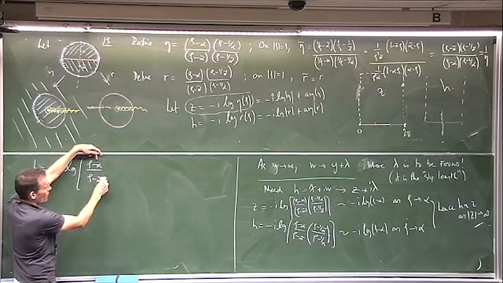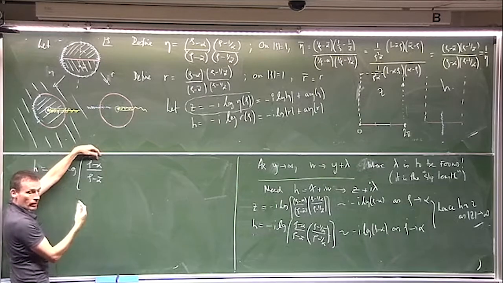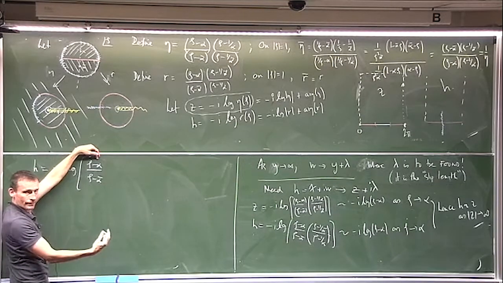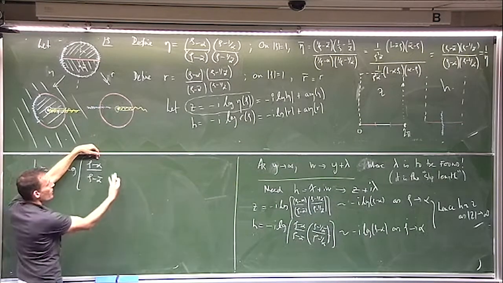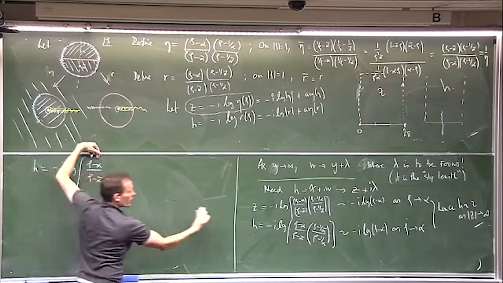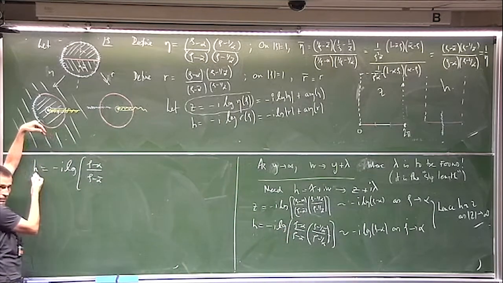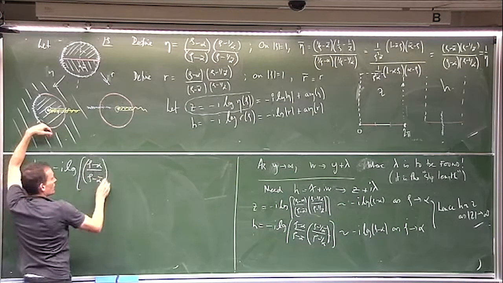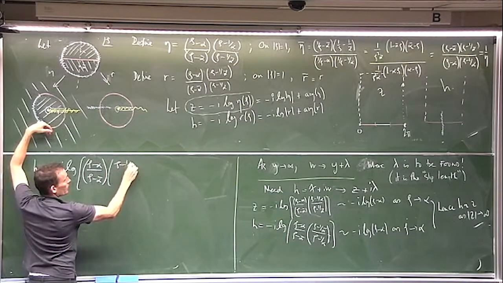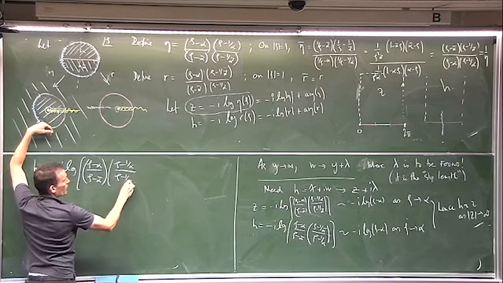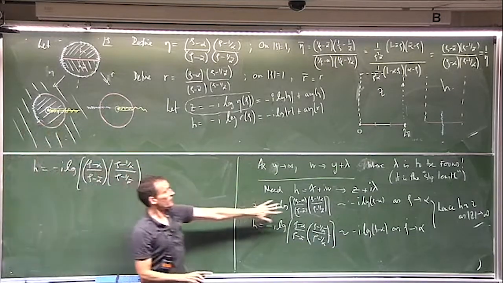Look, I want to get the z part plus lambda. So how about I force the thing that appears in z here, even though I'm writing H? In other words, I'm going to put zeta minus 1 over alpha over zeta minus 1 over alpha bar. That's what appears in z.